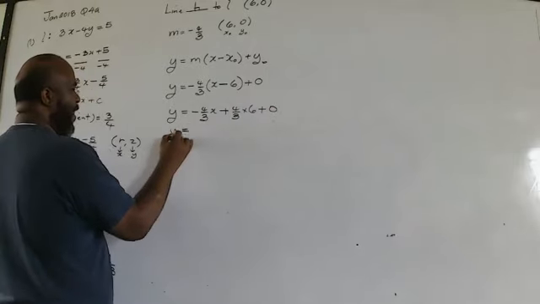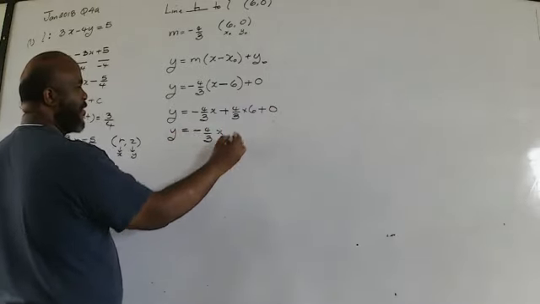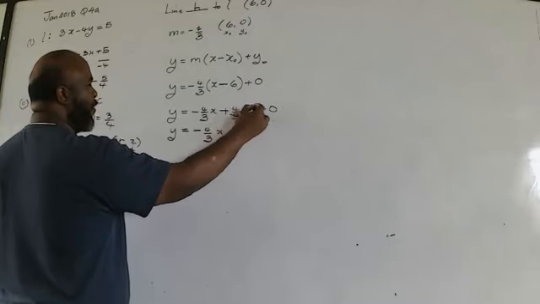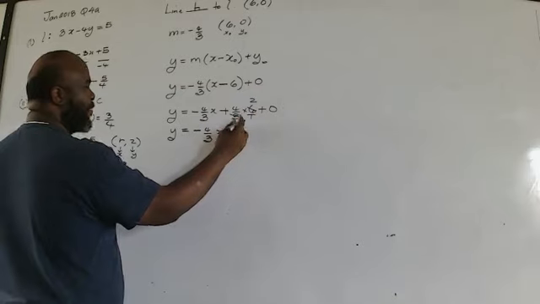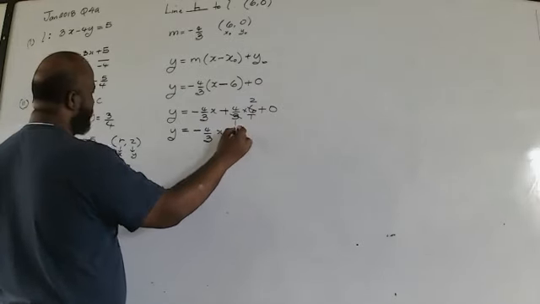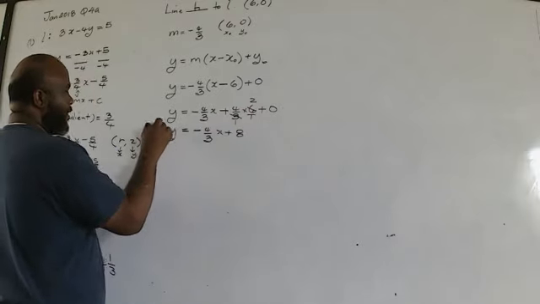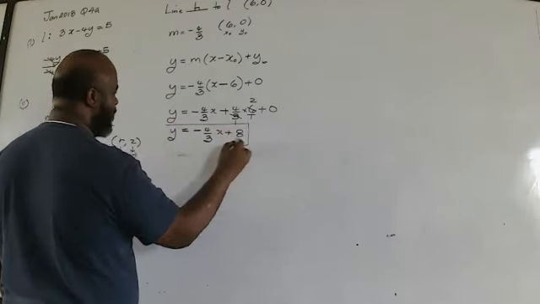This is y equals -4/3x. 3 to this is 1, 3 to this is 2. 2 times 4 is 8. 8 plus 0 is 8. Ladies and gentlemen, this is the equation of the line.